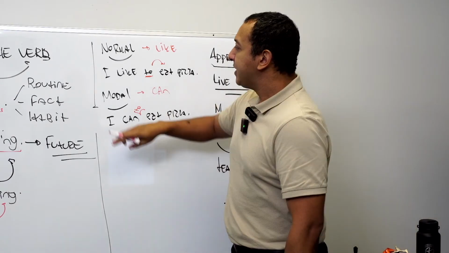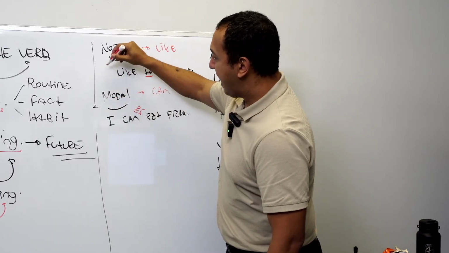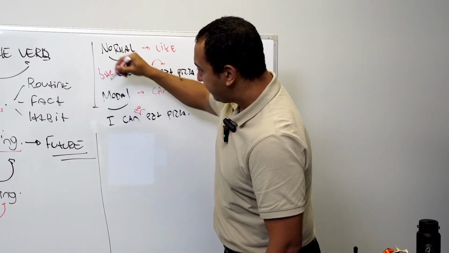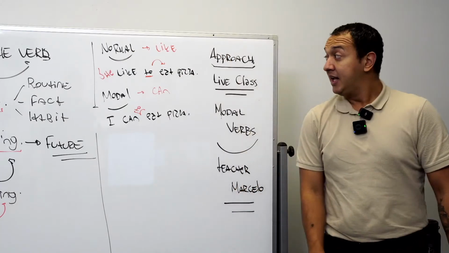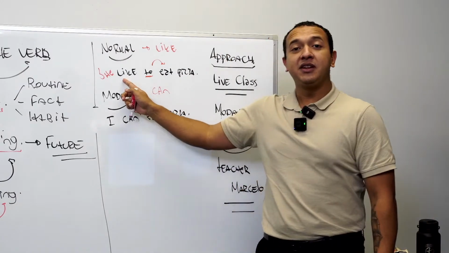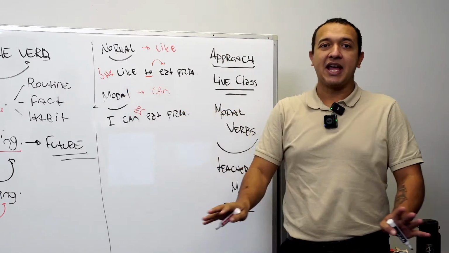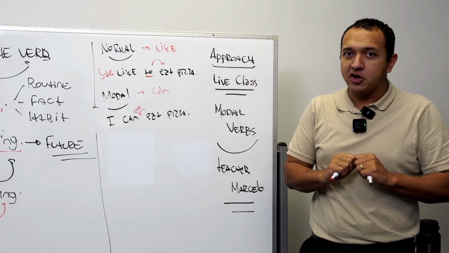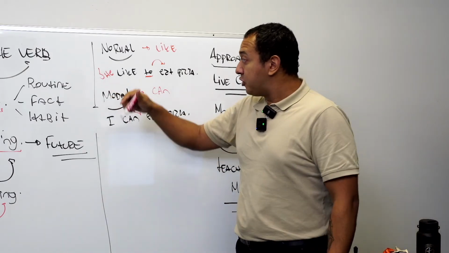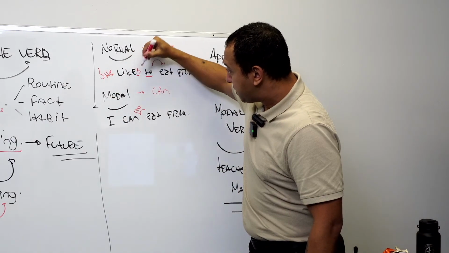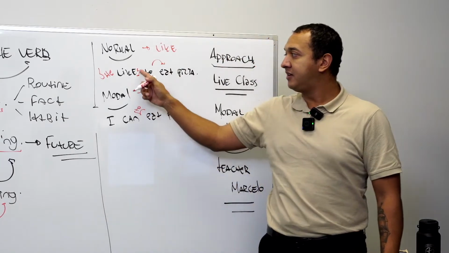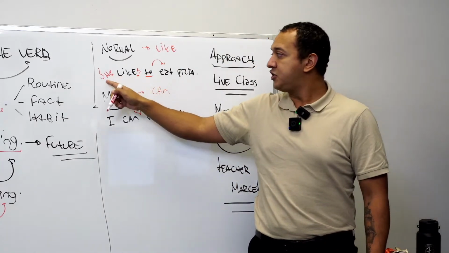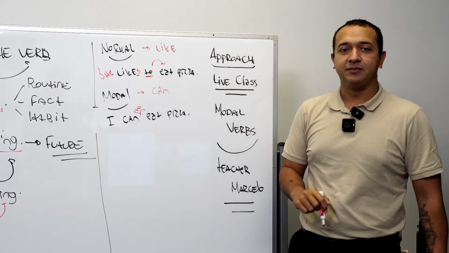For example, if instead of I I have the pronoun she here, this verb will need a conjugation. I cannot say she like. You could, but it's grammatically incorrect. You have to conjugate this verb right here. You have to add the letter S here. She likes to eat pizza.